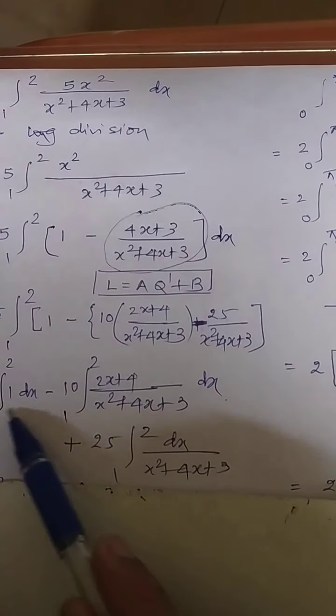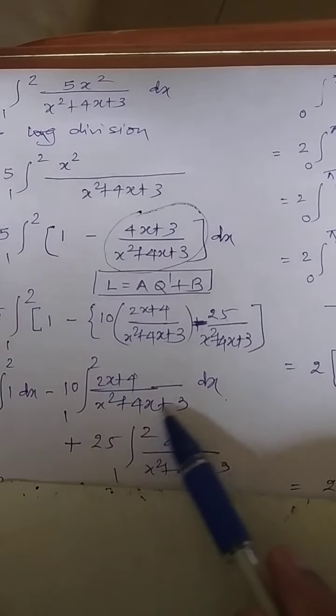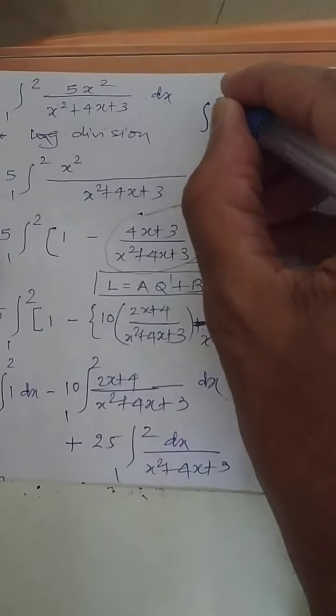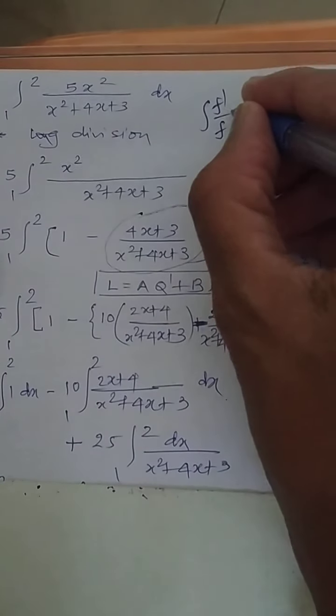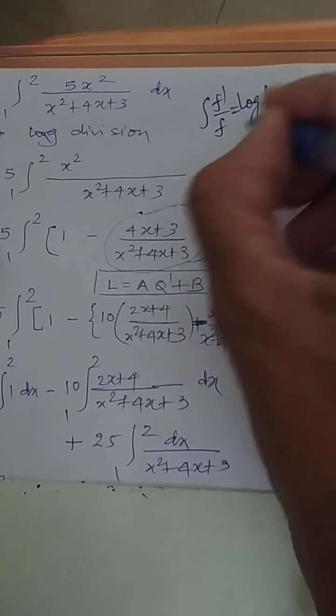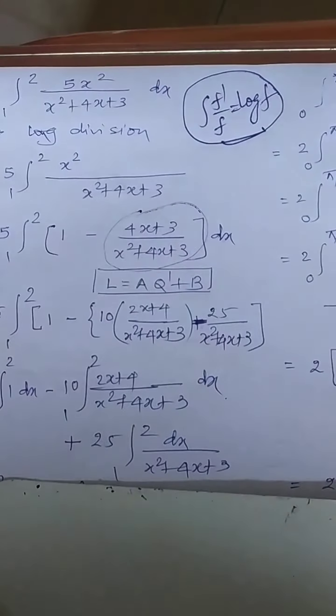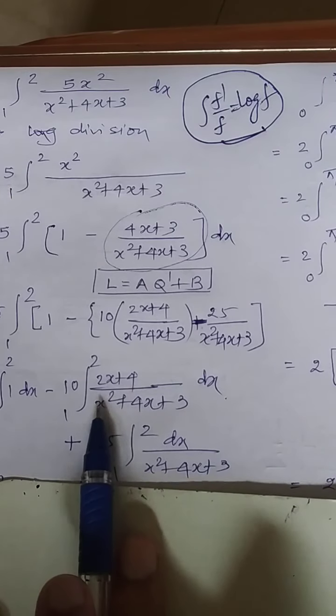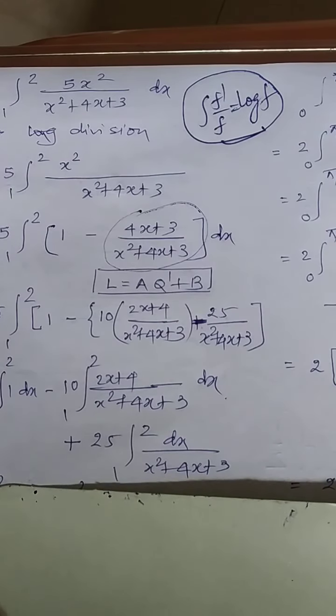You know the integration of this. It is of the form: remember, this is one of the standard ways. If the numerator is the derivative of the denominator, then its integration will be log of the denominator. Remember this remark, most of the times we apply this also. Because if you consider this as t, then the log of the denominator will be nothing but the numerator.